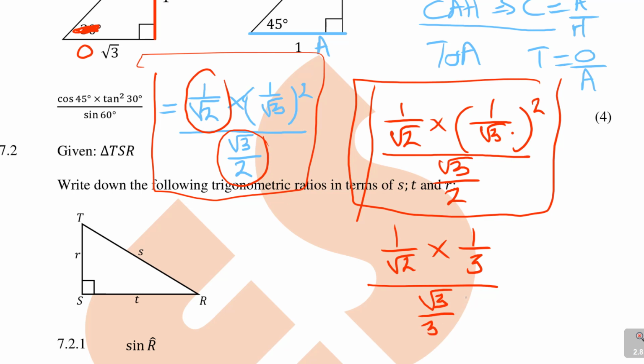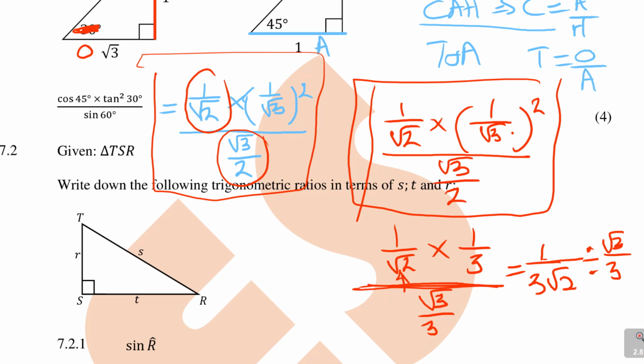Then you multiply the top: 1 over 3, and on top there is root 2, because this is the root 2 there. And then divided by, because I'm using this division line, root 3 over 3 over 2.